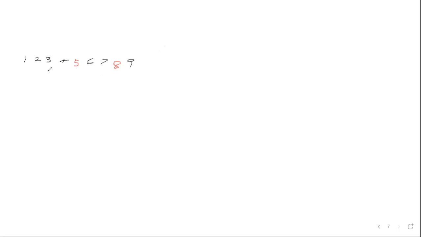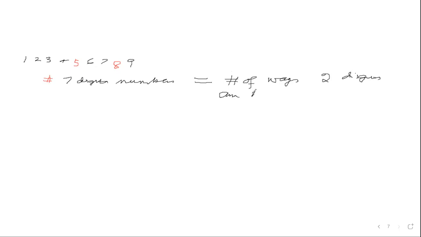So the number of ways, let me just choose the black here. The number of 7-digit numbers that we're looking for is equal to, and this is a very powerful statement, the number of ways 2 digits can be selected from 9 digits.